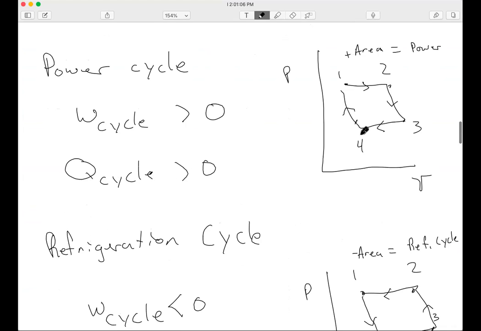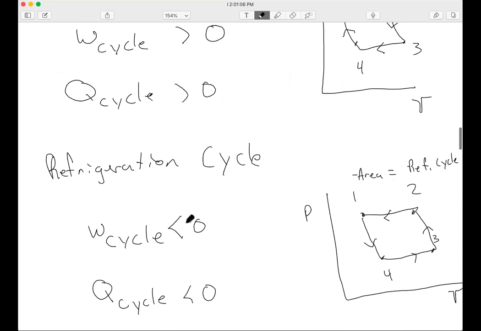And we can figure out which of these PV diagram pictures corresponded to a power cycle, because this orientation is the one with a positive area inside my processes. That's a positive area, means power cycle. They always have sort of a clockwise orientation.